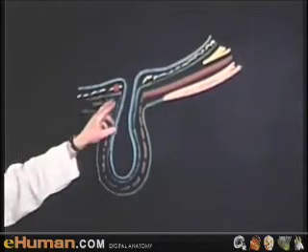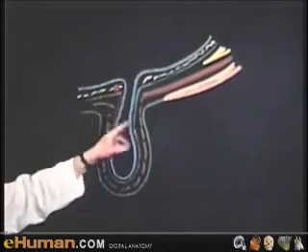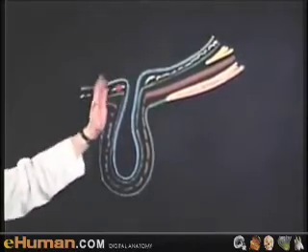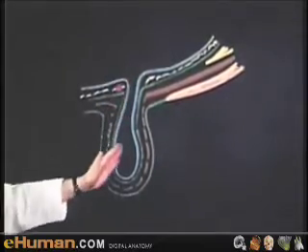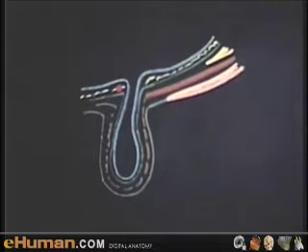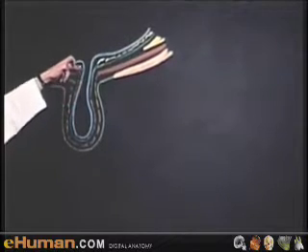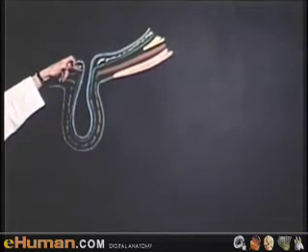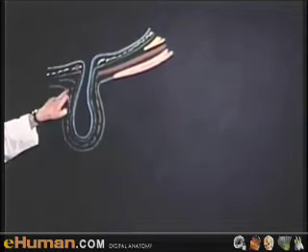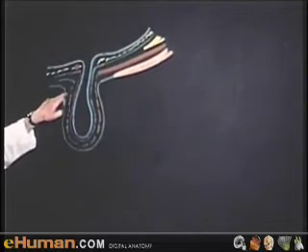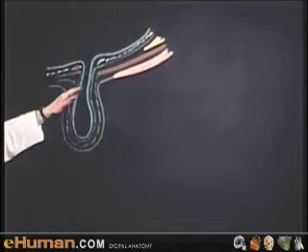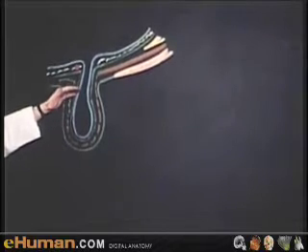We can see how this processus is passing down lateral to the inferior epigastric artery. And so we see that the deep inguinal ring, to begin with, lies directly behind the superficial inguinal ring. And this is the situation that is present in the newborn child.